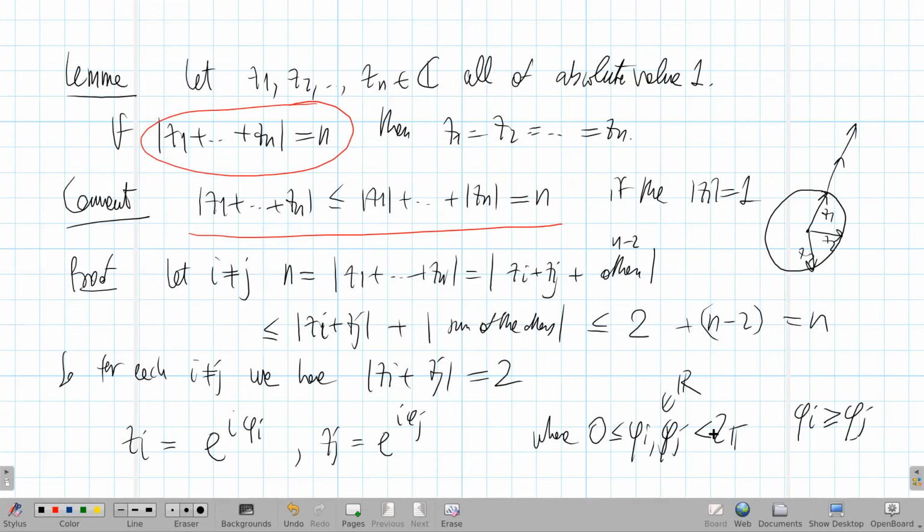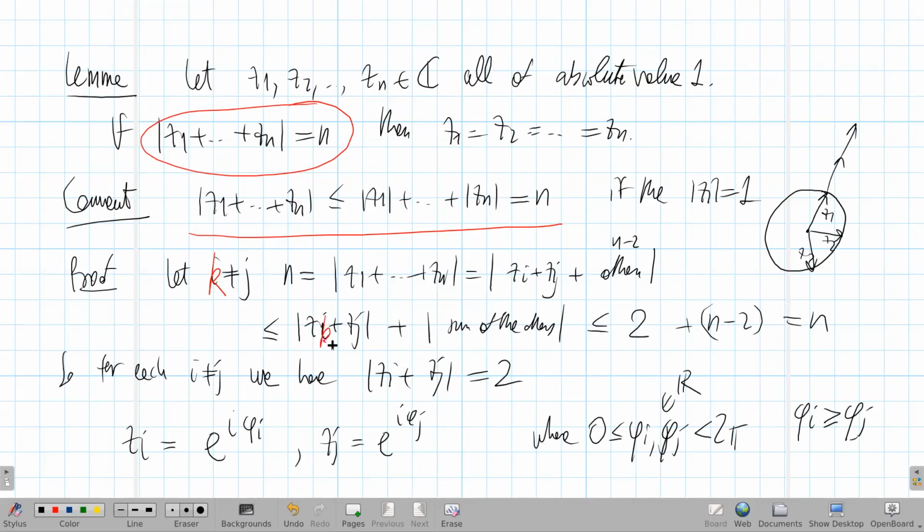Good. So let's consider zi and zj. Well, i and j. Sorry, I had the indices wrong, so let me correct the index. This i becomes a k.